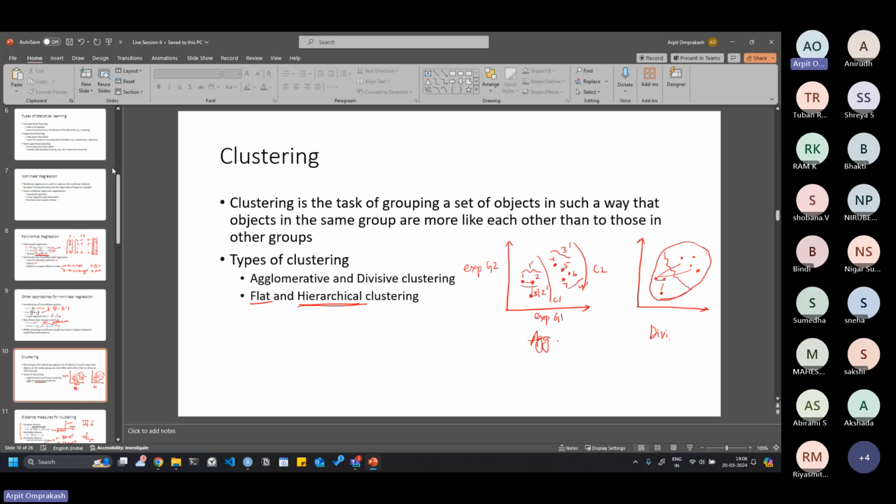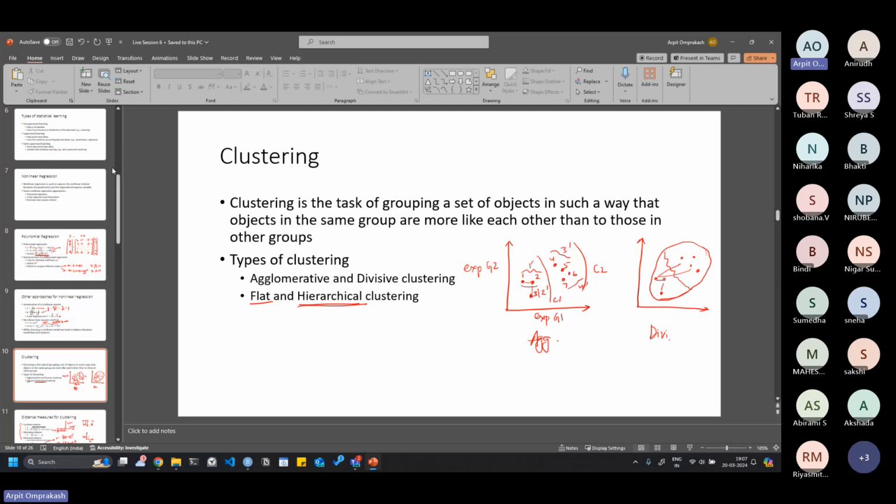We also talked about clustering, which is basically the task of grouping a set of objects in such a way that objects in the same group are more like each other than to those in other groups. Right. We talked about types of clustering. So agglomerative and divisive clustering.